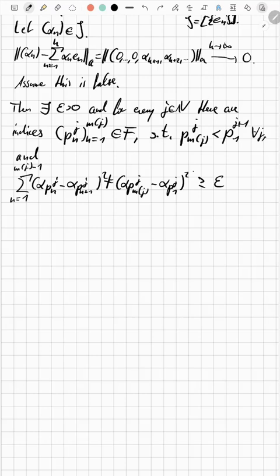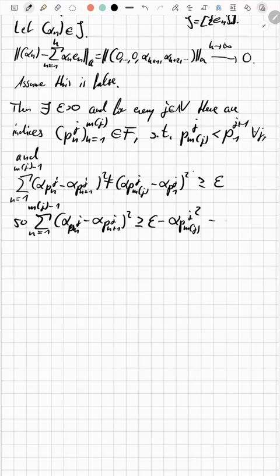And now we can juggle around with this a bit. We can bring this over here, and then we get that this sum right here, alpha_(p_n^j) minus alpha_(p_(n+1)^j) squared, is bigger or equal to epsilon minus alpha_(p_(m_j)^j) squared minus alpha_(p_1^j) squared.